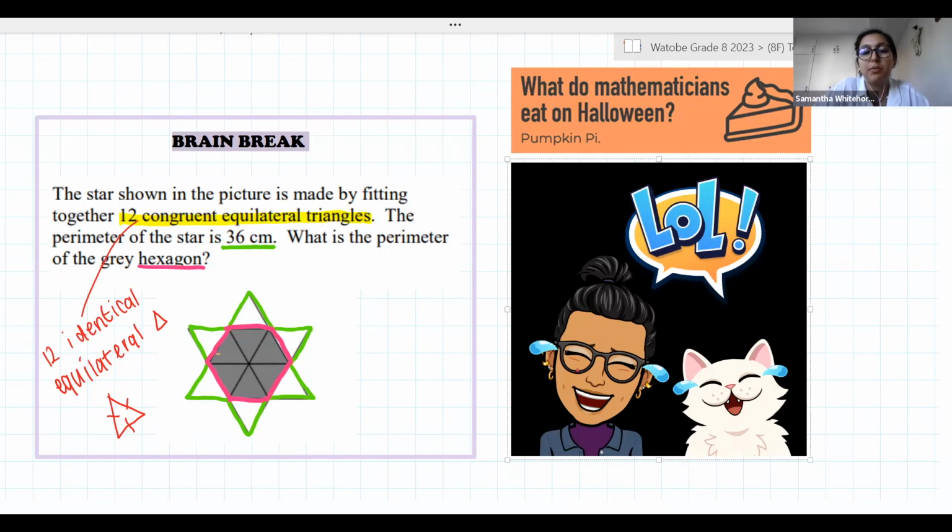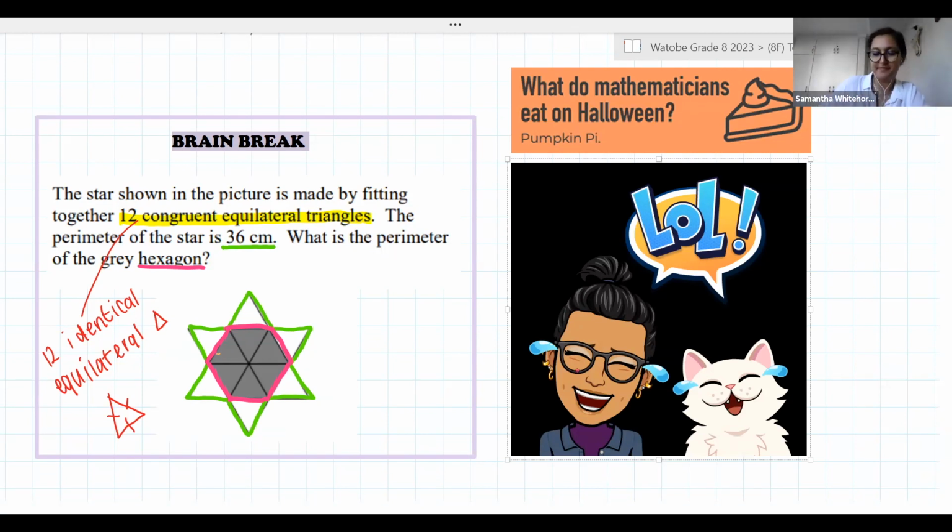So 36 is the perimeter of the star. I want the perimeter of the hexagon in the middle. You can do this, my people. Let's go. You can do it, guys. Yeah, this one is a little bit difficult, my people. So don't worry. Guys, don't stress. Every now and then I'd like to throw in something a little bit more challenging. We can't have it easy all the time, but we have to think about these things.